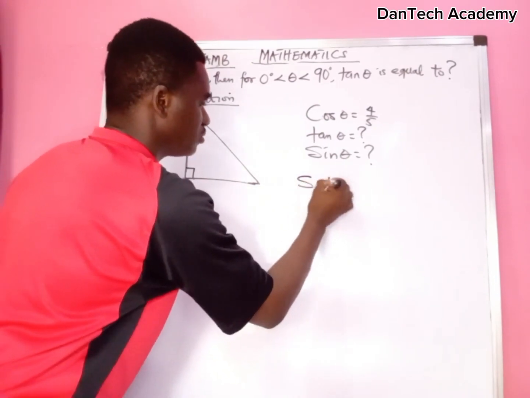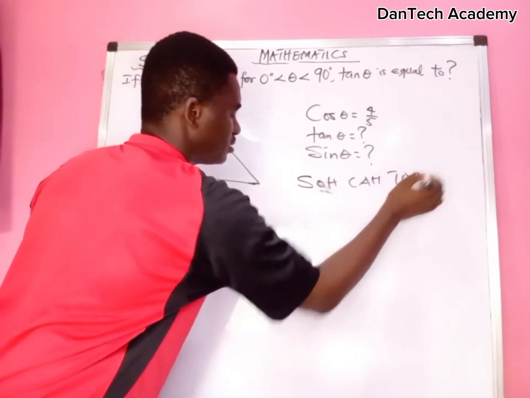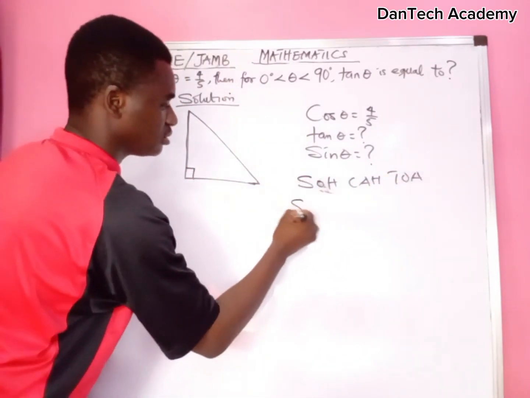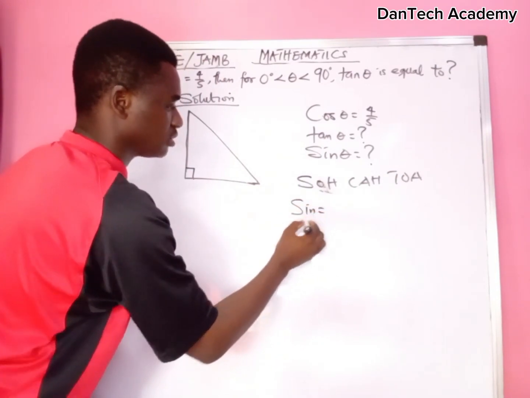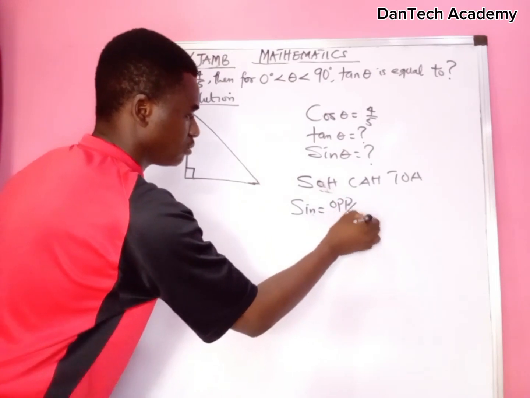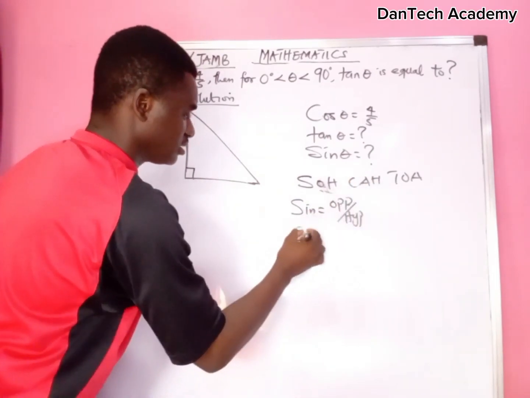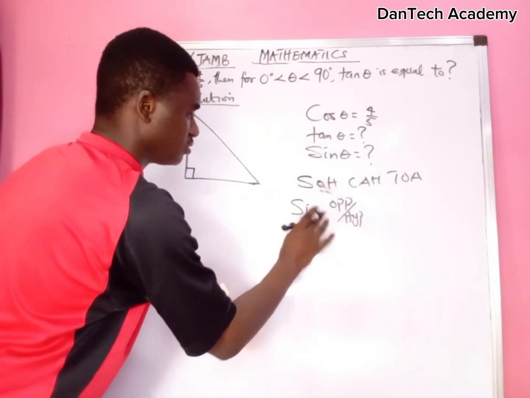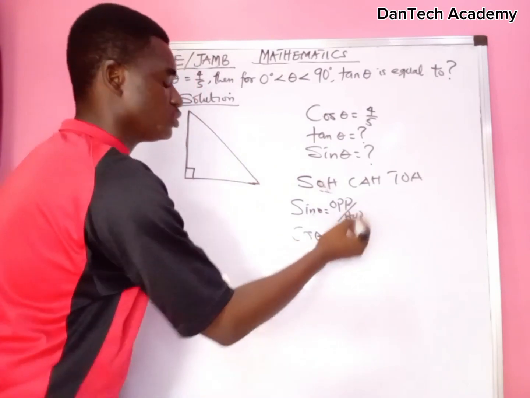we have the SOH, we have the CAH, we have the TOA. So this one means your sine, which is what? Opposite over hypotenuse, right? The cos theta means what?